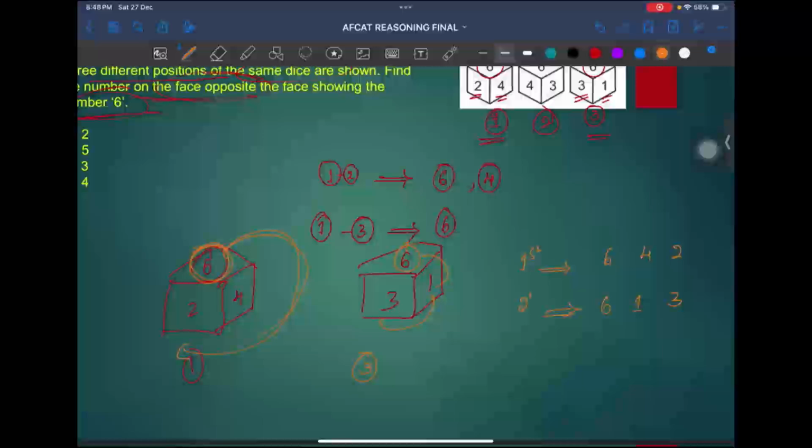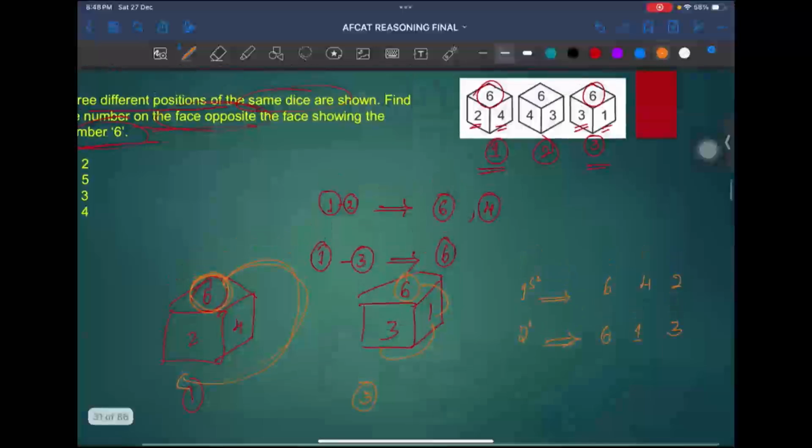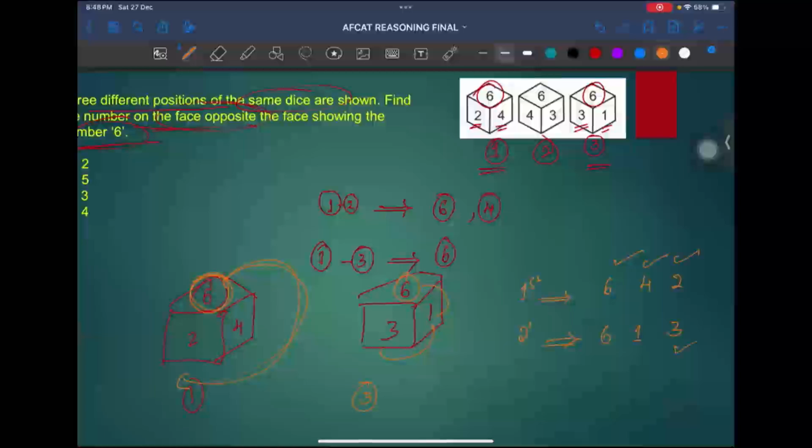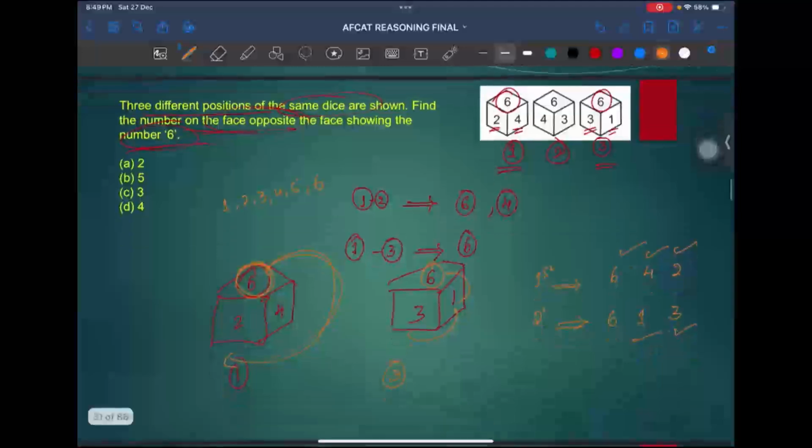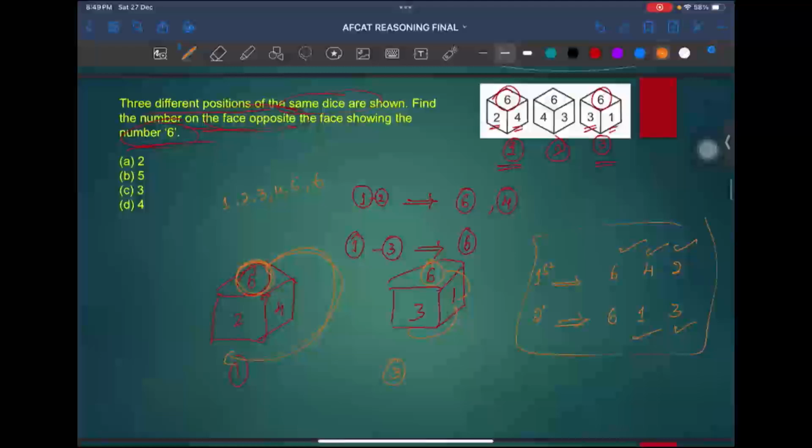So we got 5 different numbers, that is 6, 4, 2, 3, and 1. And since it is a standard dice, it will be like 1, 2, 3, 4, 5, 6. So by this we can come to a conclusion that for the face value of 2, the opposite side will be 3, and for the face value of 4, the opposite value will be 1.